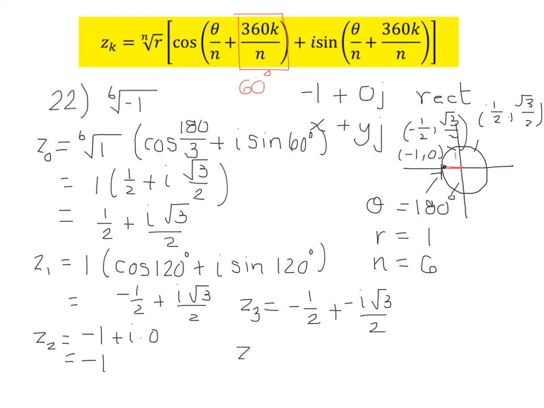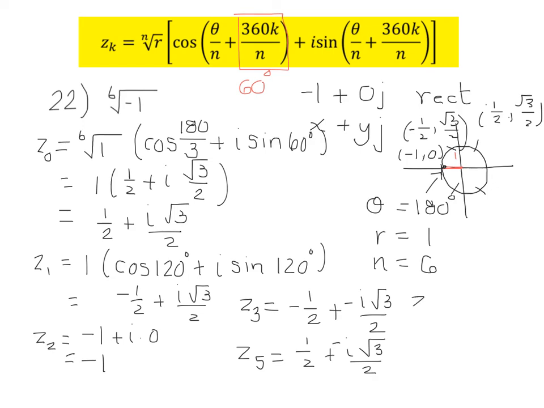To find my fifth root, I'm going to need to add 60 to my previous angle measure of 240. That lands me here at 300, where I know the cosine is positive 1/2 and the sine is negative root 3 over 2. And of course the sine is always multiplied by I or j.